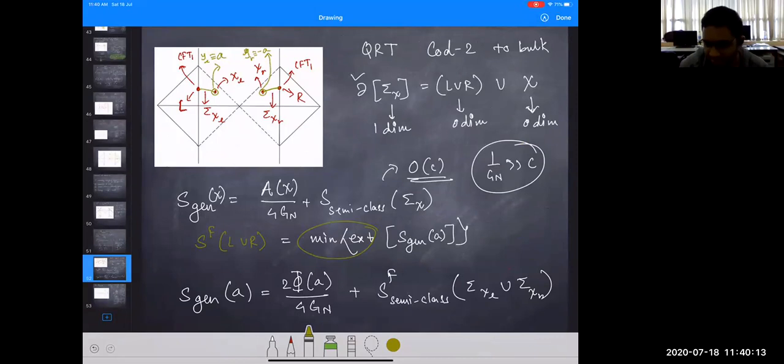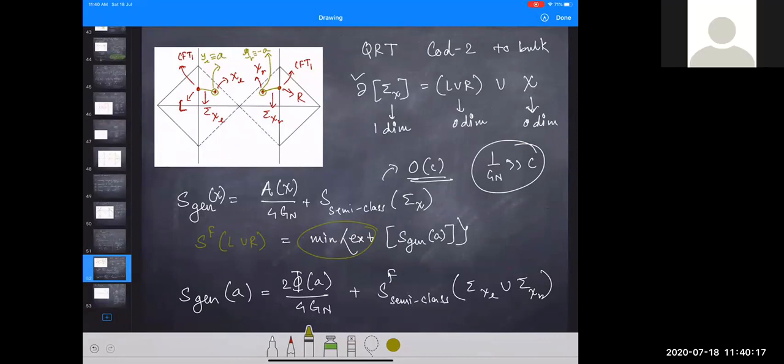That makes a difference in the extremization problem. So if you just do an extremization using the area term, I thought that came really from being homologous and such conditions, right? So I'm slightly confused because now you're calculating the entropy of just the exterior, but it really goes through the black hole, isn't it?